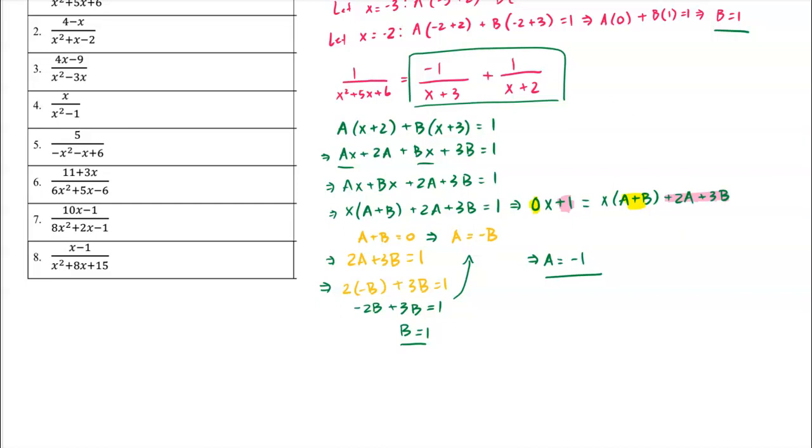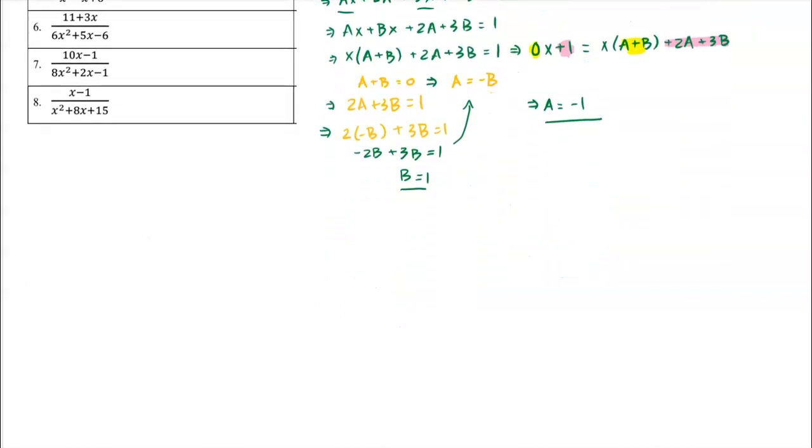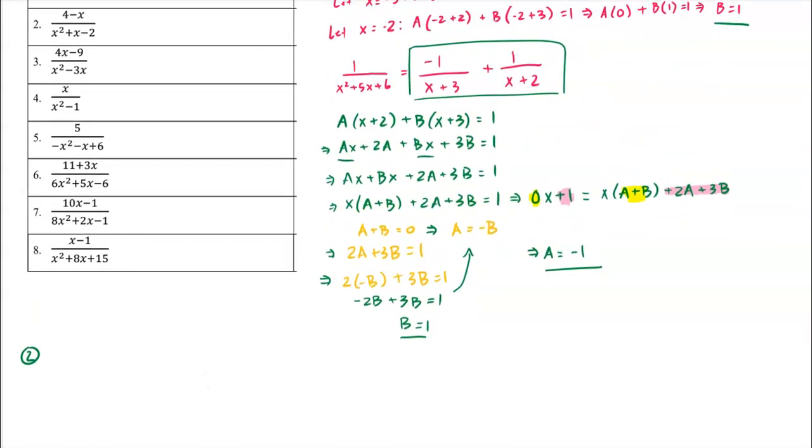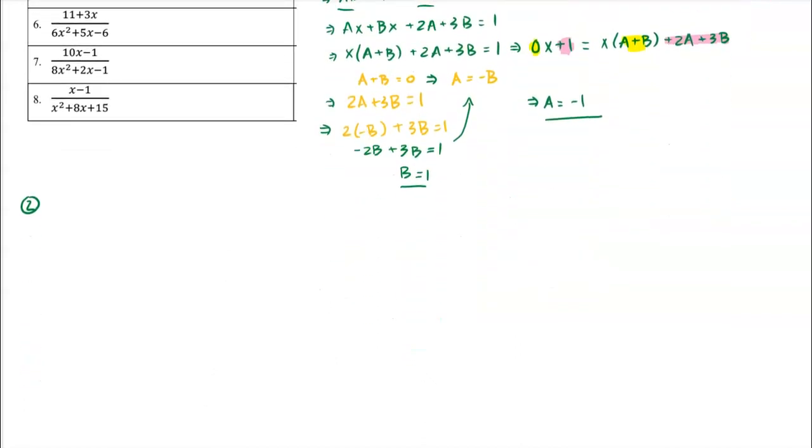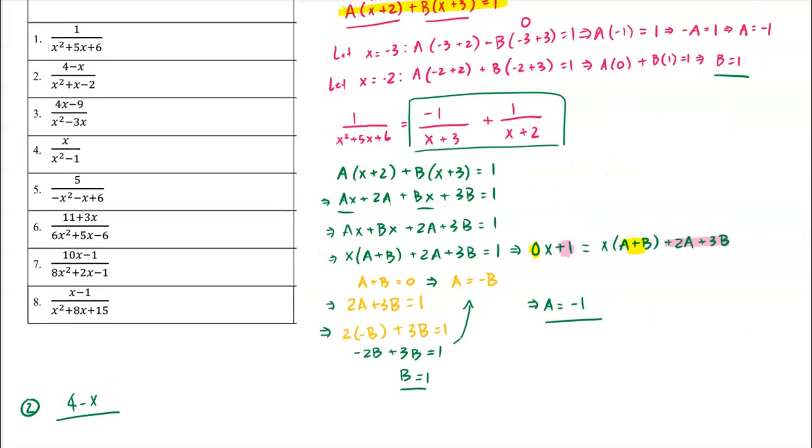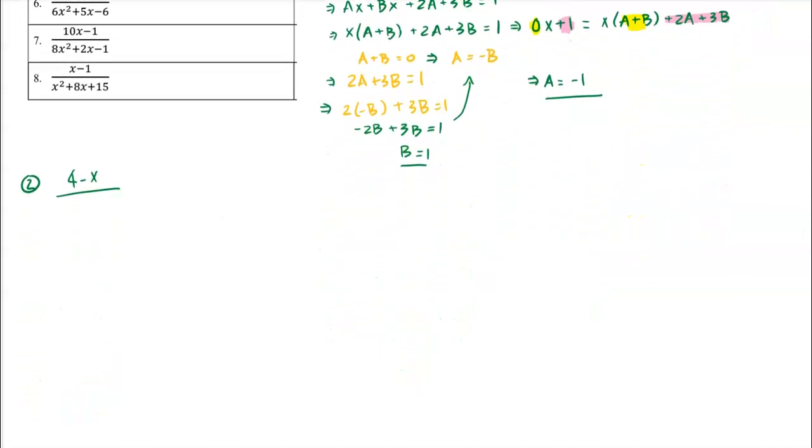Number 2. So we had (4 minus x) over (x squared plus x minus 2).